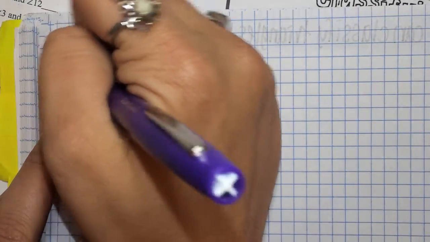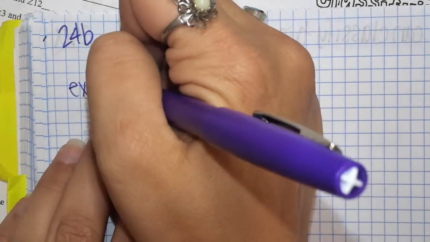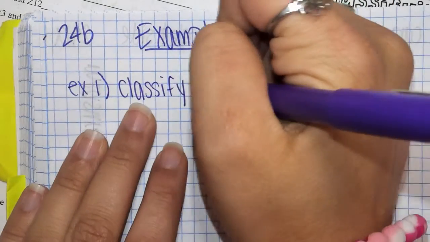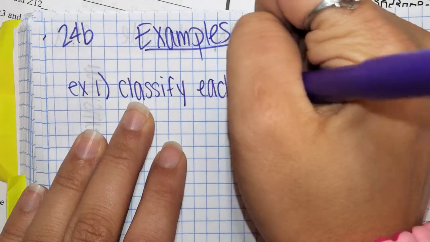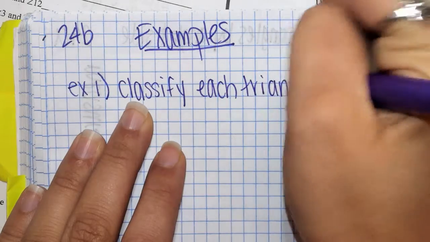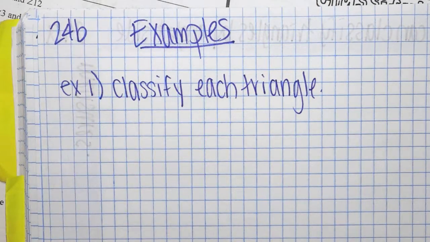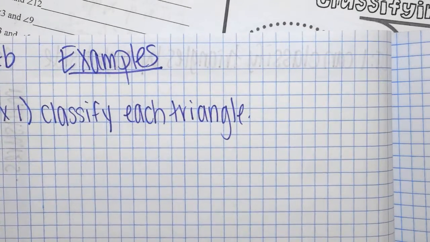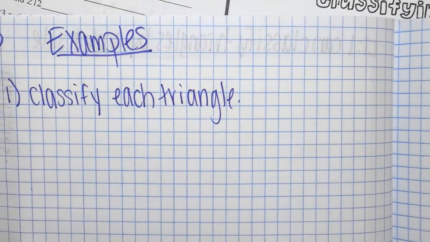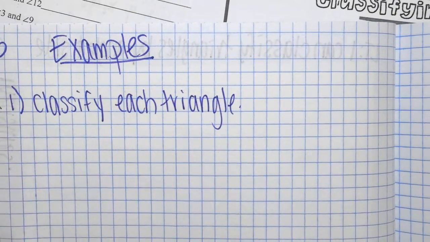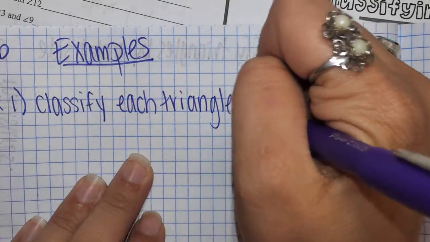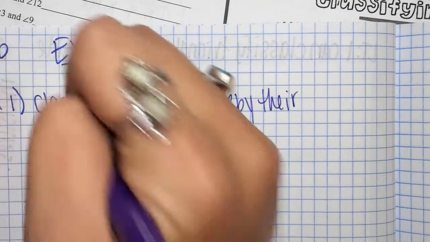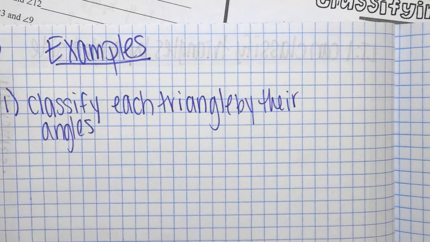Alright, example 1. Classify each triangle. And what are the three ways that we can classify triangles? If we're going to do it by angles, it could be acute, obtuse, or right.